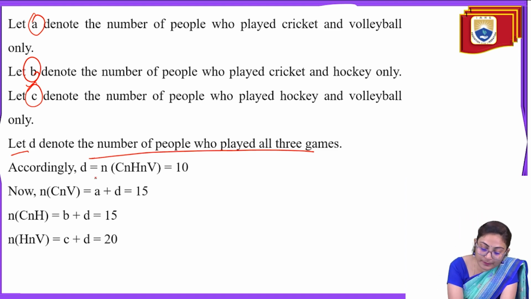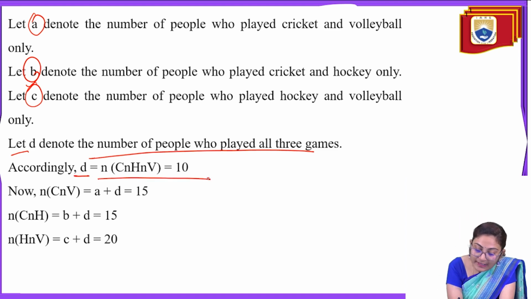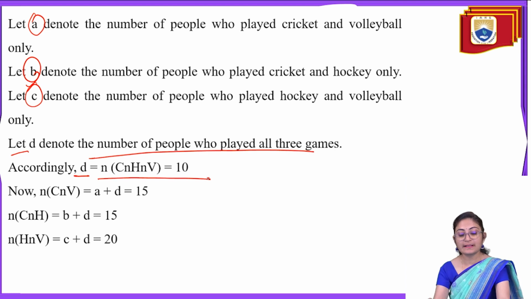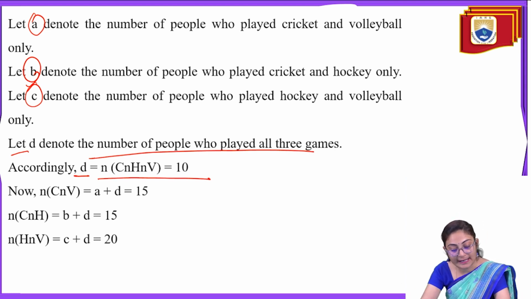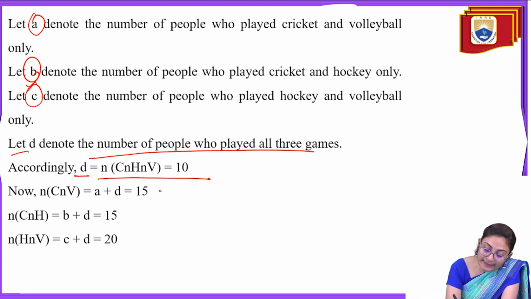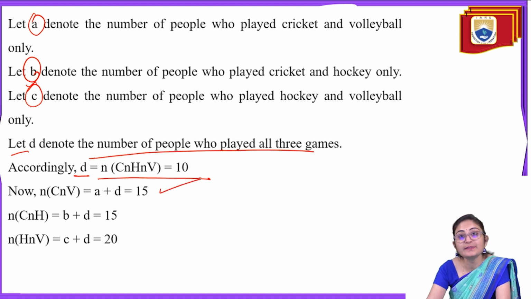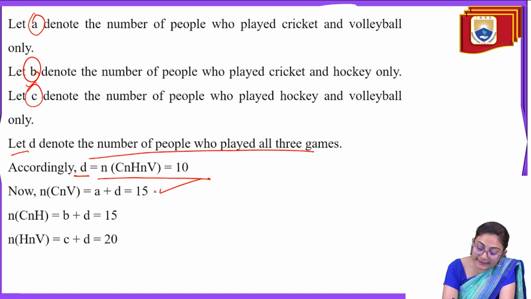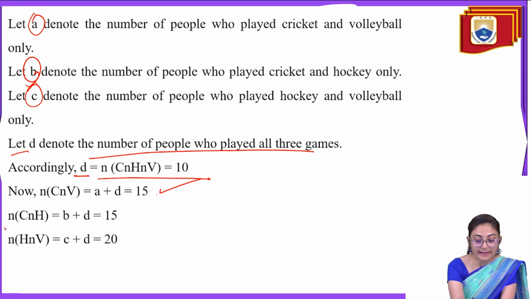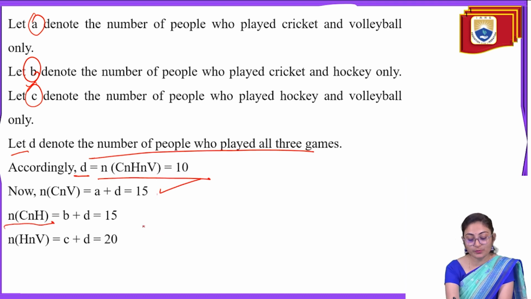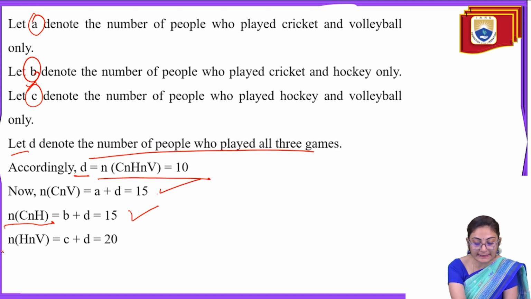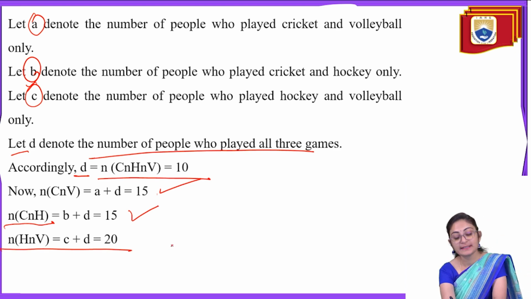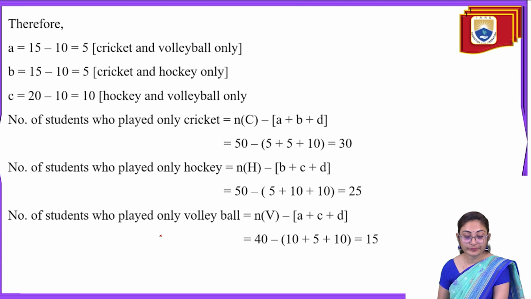Now accordingly D is equal to N of C intersection H intersection V, which is 10, and now C intersection V is equal to A plus D, that is 15, C intersection H is B plus D, 15, and H intersection V is C plus D, that is 20.